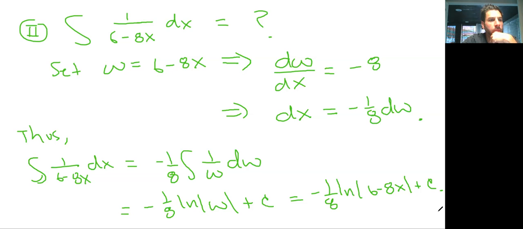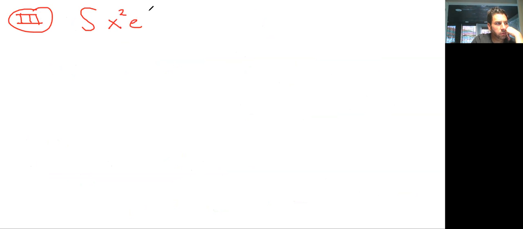Let's do one more before changing tunes. So let's suppose we wanted to integrate x squared e to the negative x cubed dx.